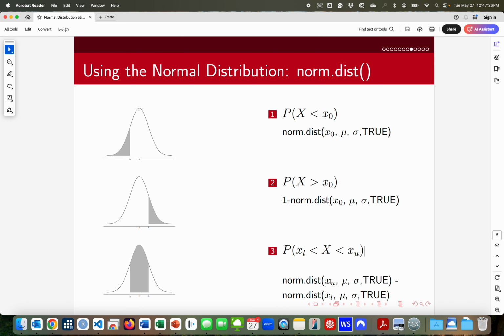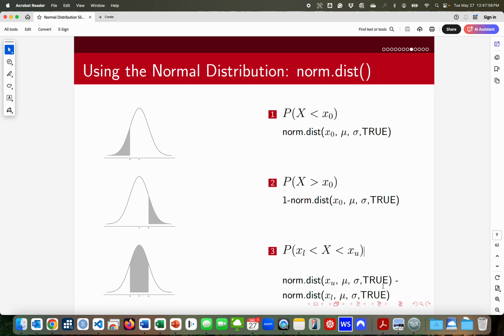So if we do norm.dist on the upper bound, it's going to give us the area under the curve to the left of this value, but notice that includes all of this area down here. We don't want that. So if we only want the area in between, we find the area under the curve to the left of the biggest number, and then we subtract the area under the curve to the left of the smaller number. And that will just leave us with the area in between.